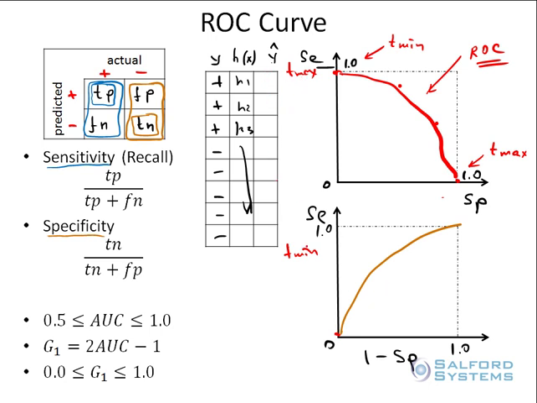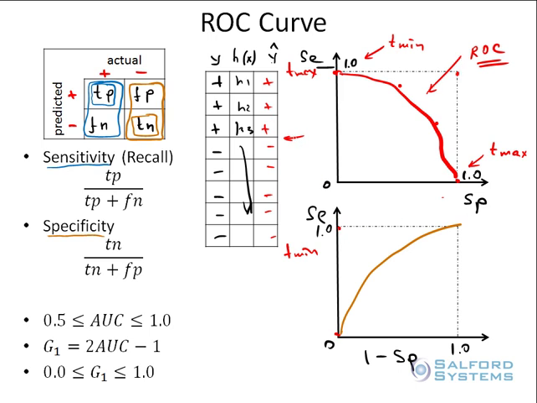All records are assigned to negatives. But as I'm moving my threshold down, I'm getting more and more positive classifications. And at some point, once my threshold is set to this value, H3, that separates pluses from minuses, my sensitivity goes up to 1.0, but my specificity is still at 1.0, and I have achieved a perfect configuration here.